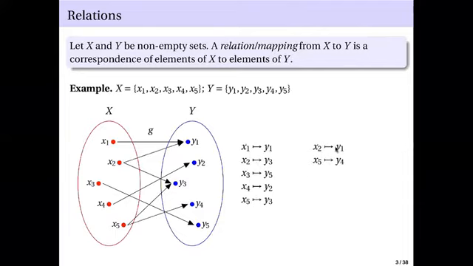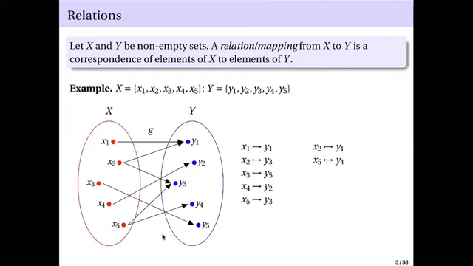Now if we add two more mappings to the original relation, let's say X2 also maps to Y1 and X5 also maps to Y4. Earlier, X2 was mapped to Y3, and with this additional mapping, X2 is also being mapped to Y1.